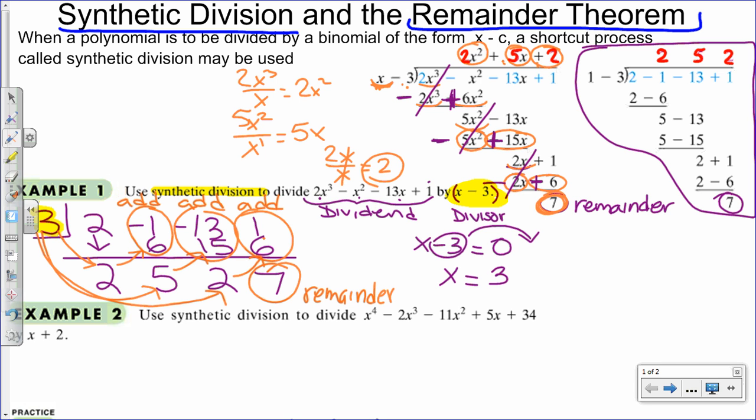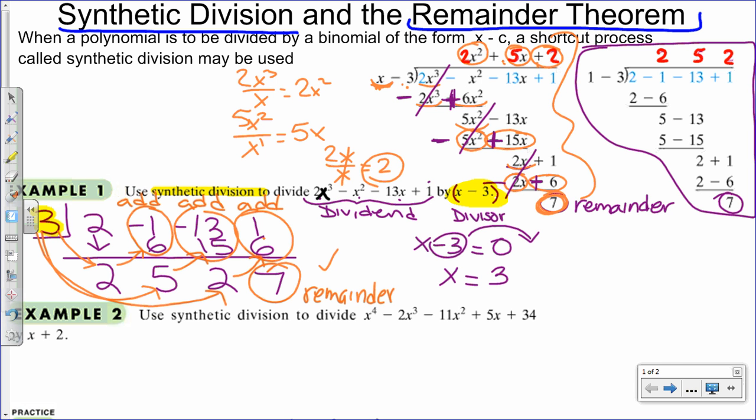And if you guys notice, it's actually the same problem from the beginning, the one that we did with long division. So the problem that you see here, the one that I went over, is the same here, but done with synthetic division. Let's look at the variables. We have the dividend started with x to what power?